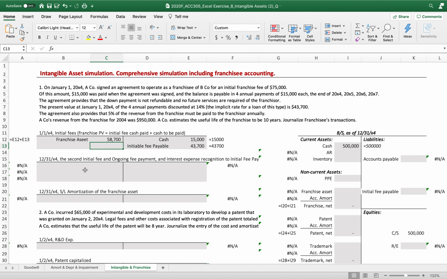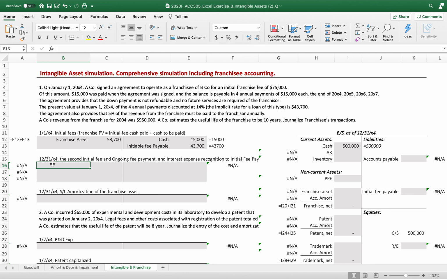Now the second, initial fee and ongoing fee payment. Let's assume the company paid at the end of every year, like the question asked. If the payment occurred at the beginning of each year, we would have a more complicated procedure for the payable recognition, but this case is relatively simple. Here, we have to pay $15,000.